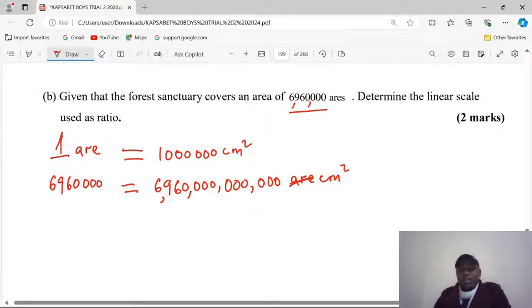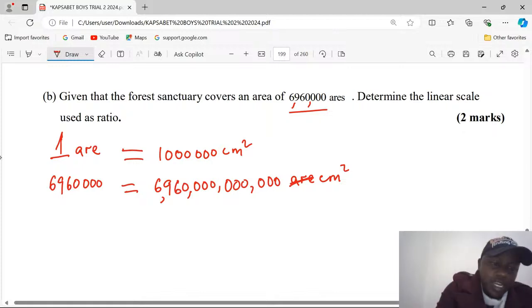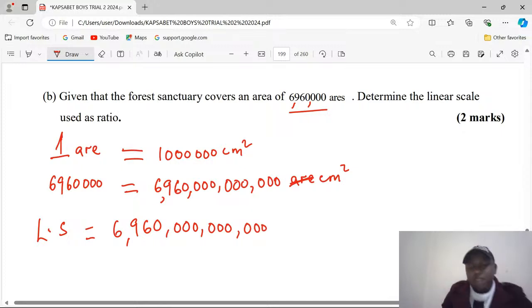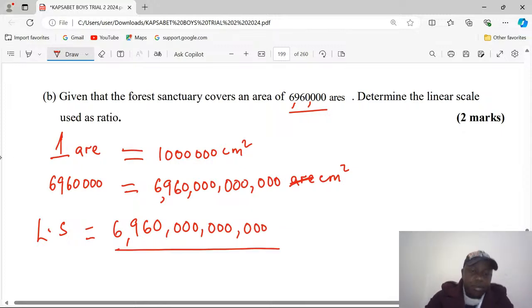But now remember that the area of the land divided by the area on the map will give us the scale used. So the linear scale is going to be the area on the ground divided by the area in the map.